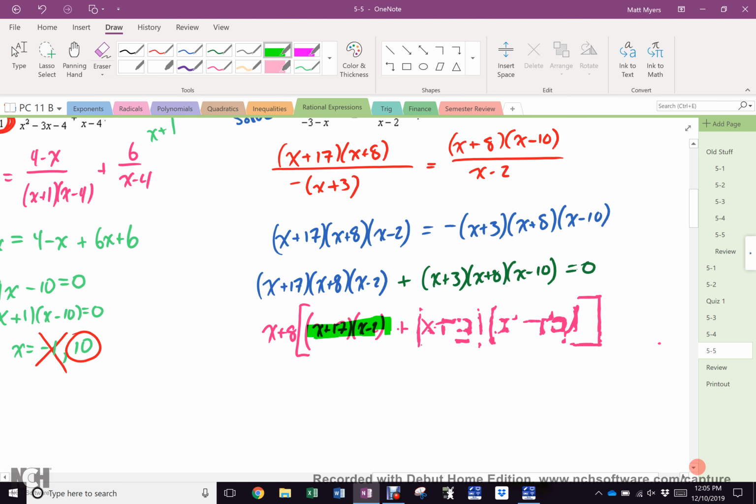So we keep x plus 8, and we try to expand that. What would it be? x squared plus 15x minus 34, right?